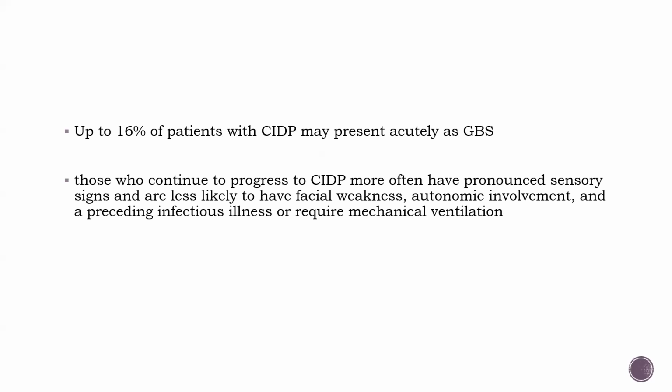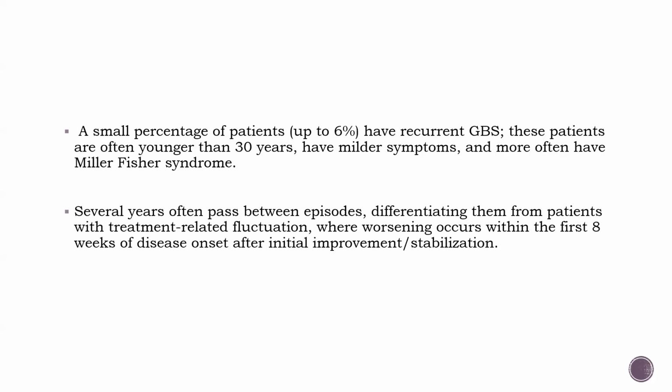Up to 16% of patients with chronic inflammatory demyelinating polyneuropathy may present acutely as GBS. Those who continue to progress to chronic inflammatory demyelinating polyneuropathy more often have pronounced sensory signs and are less likely to have facial weakness, autonomic involvement, and a preceding infectious illness, or require mechanical ventilation.